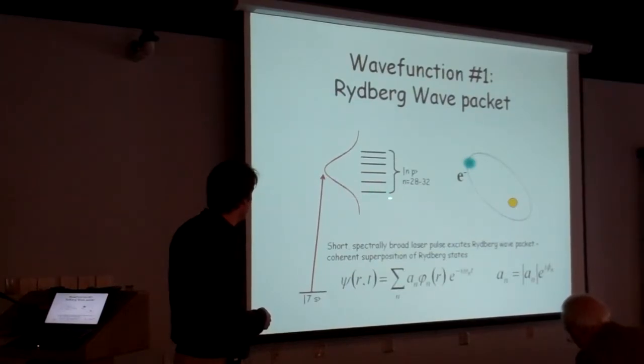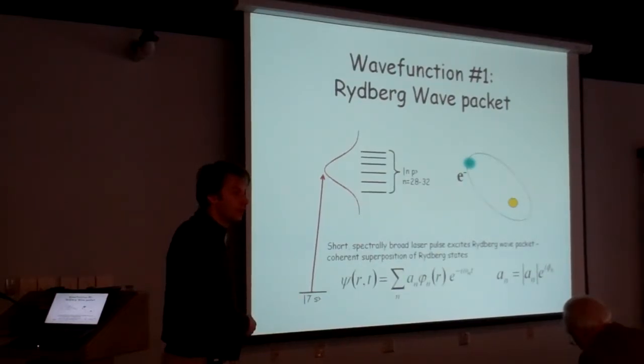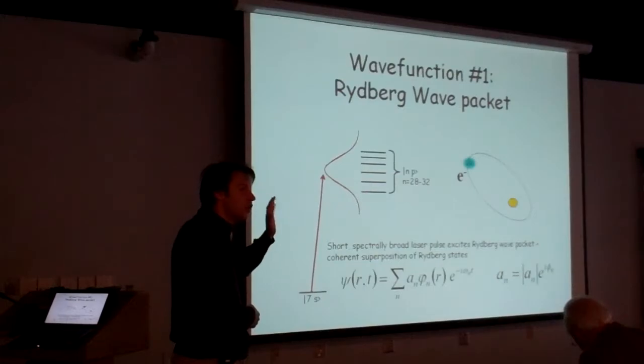And let's say that this is n equals 28, so principal number 28, L equals 1. And I'm ignoring fine and hyperfine structure here because the time for spin-orbit coupling to evolve is much longer than the time scales for this experiment. And so I can basically ignore it, and I'm treating L and M sub L as if they were good quantum numbers.